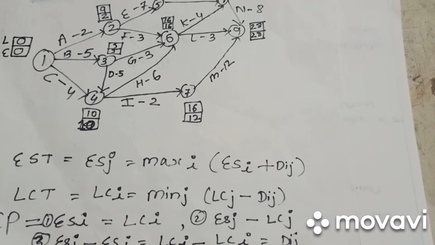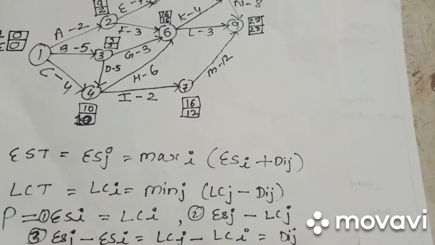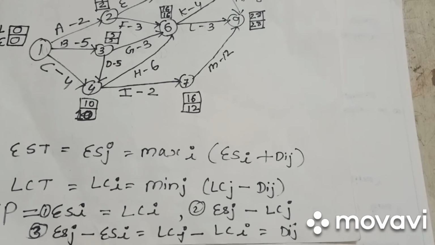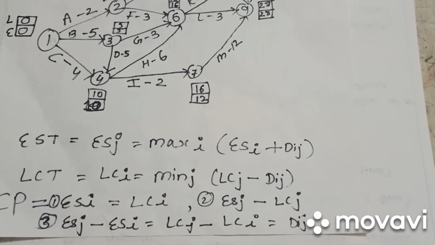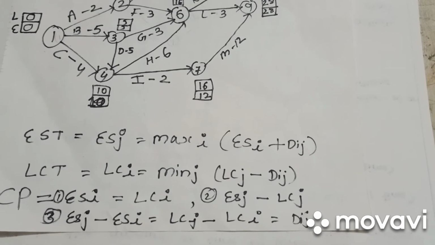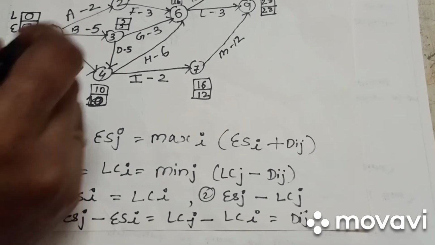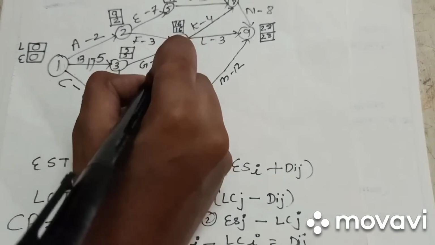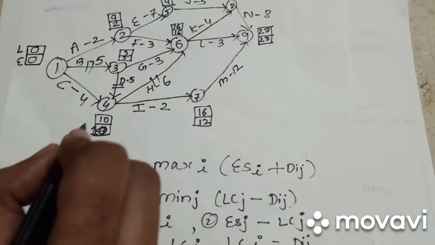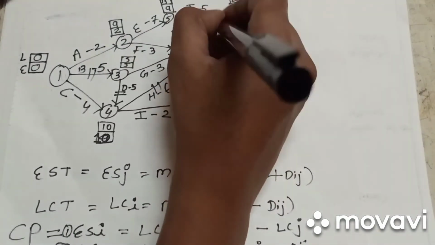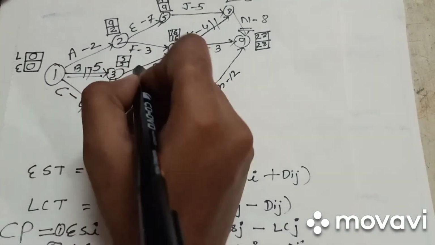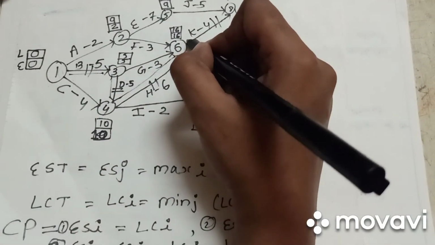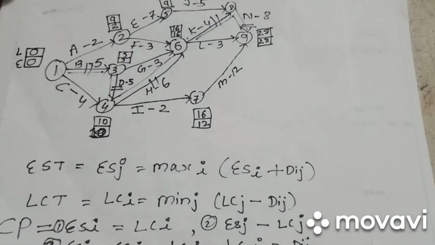So please go and check how to find a critical path in a simple way. So for this, the critical path is BDHKN. So B, D, H, K and N.